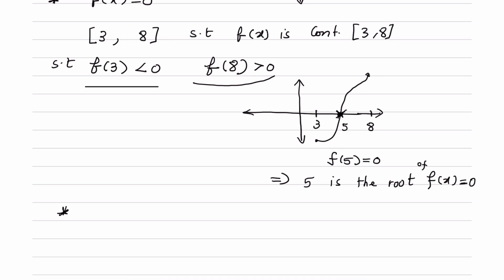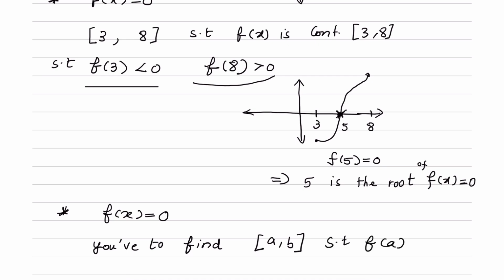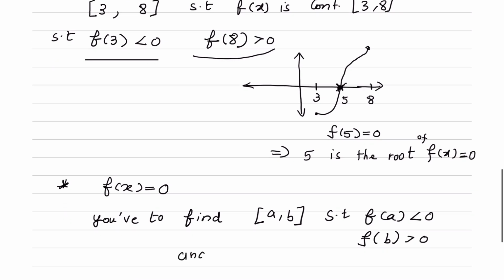Lastly, in order to find the root of an equation f of x equal to 0, you have to find an interval AB such that on one end the answer is negative and on the other end the answer is positive, and the function f of x is continuous on this interval AB.